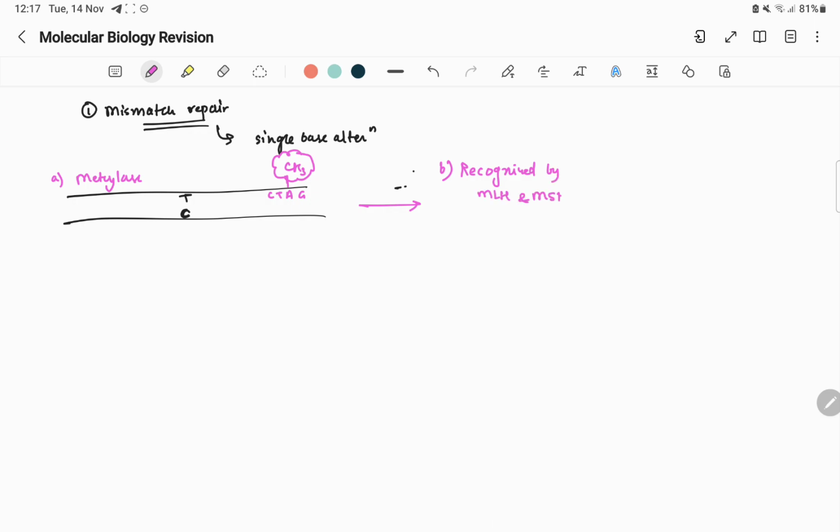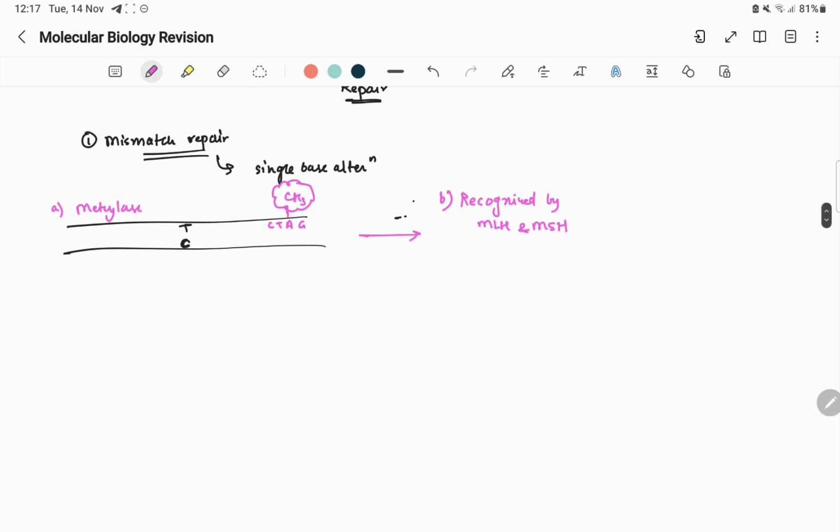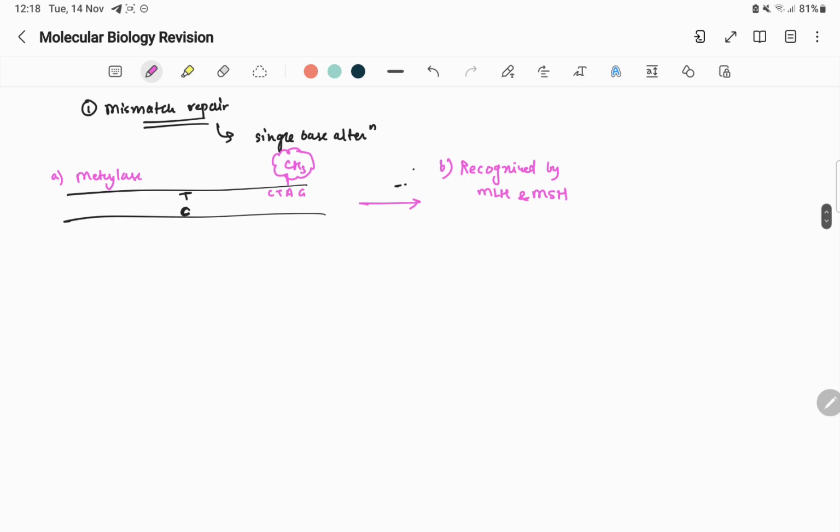MLH and MSH will recognize this mismatched base. You can see that T and C are there, and MLH and MSH will recognize the region by the GATC tag.